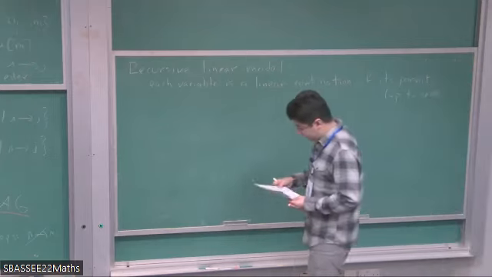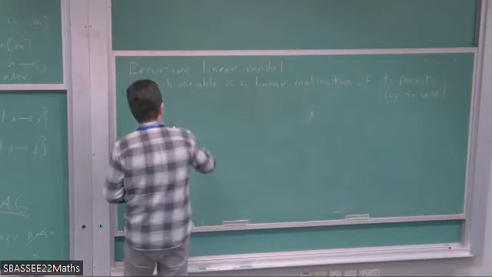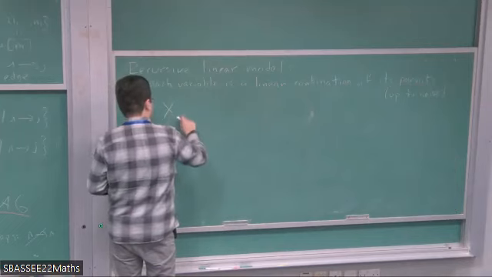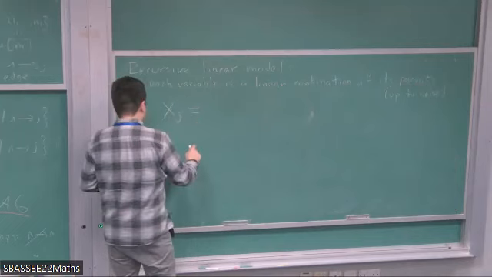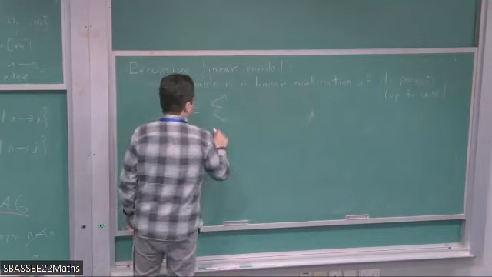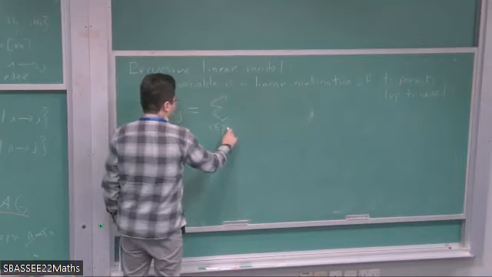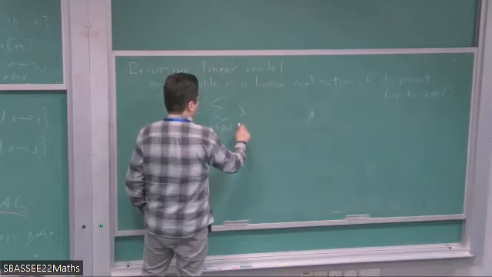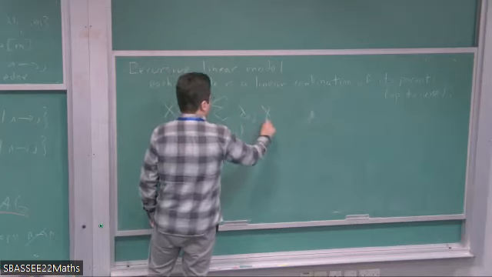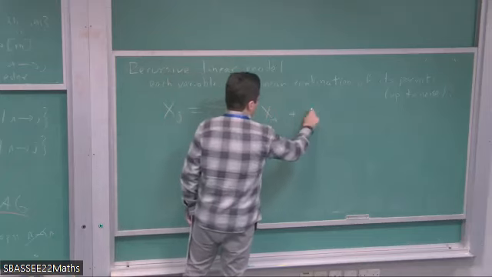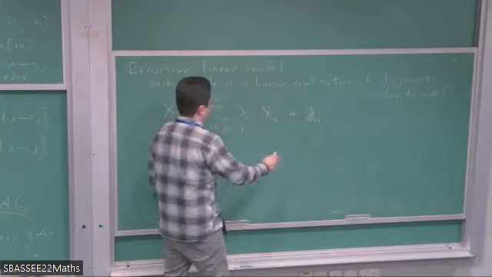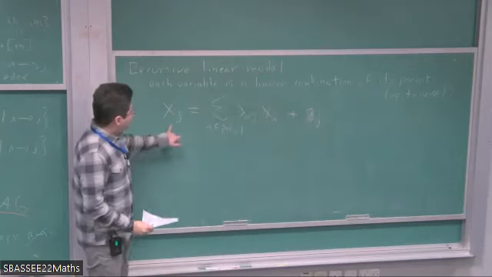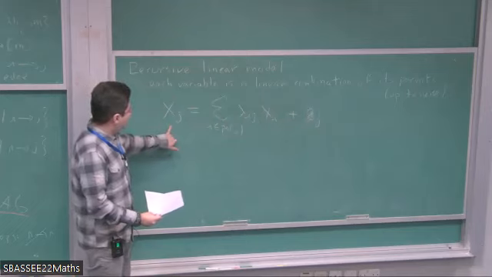What does this mean exactly? X_j is going to be the sum over all the parents of j of the linear combination lambda_ij X_i plus some epsilon_j. So this is going to be my equation.